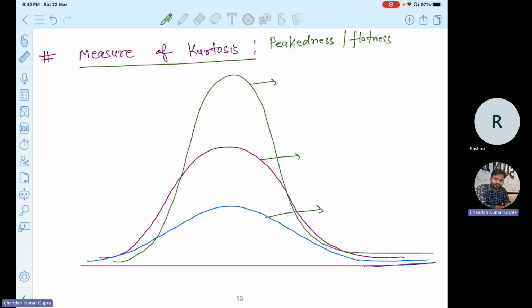The flat one, which is the most flat, is called platykurtic. The mid one, which is also termed the normal one, is called mesokurtic, or some people call it the normal curve also. And the one which is the highest peaked is called leptokurtic.